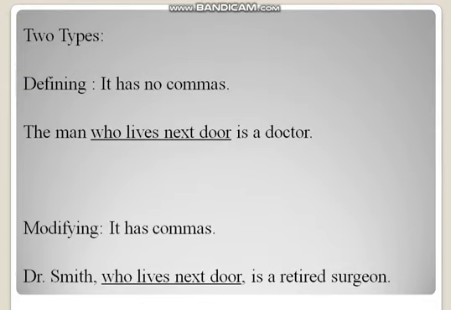So that's why we have this comma at the start and at the end of this adjective clause: these commas show that if it is omitted, the meaning of the sentence would still be clear. So that's why we call it a modifying adjective clause, because it is further modifying the noun.